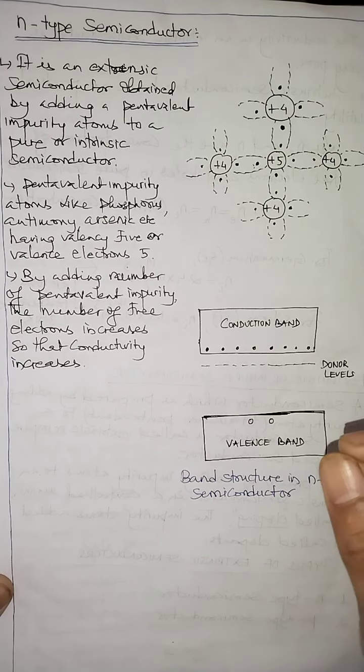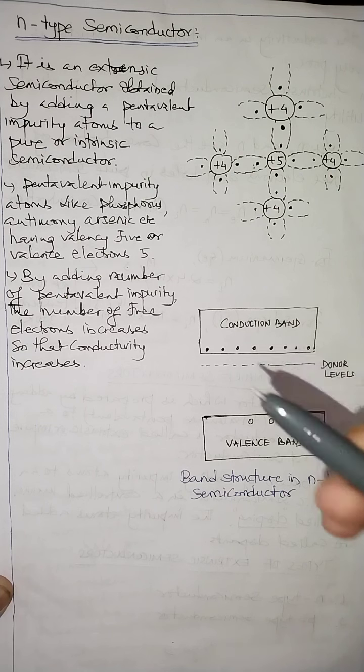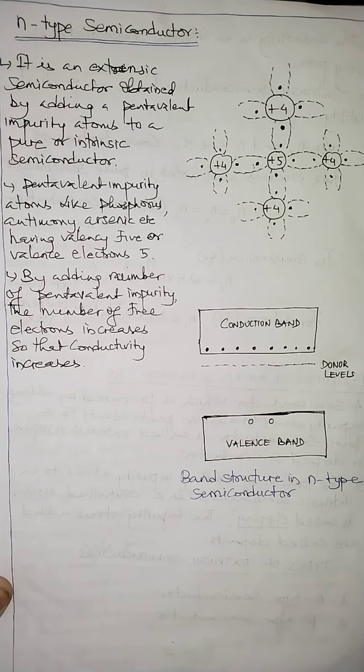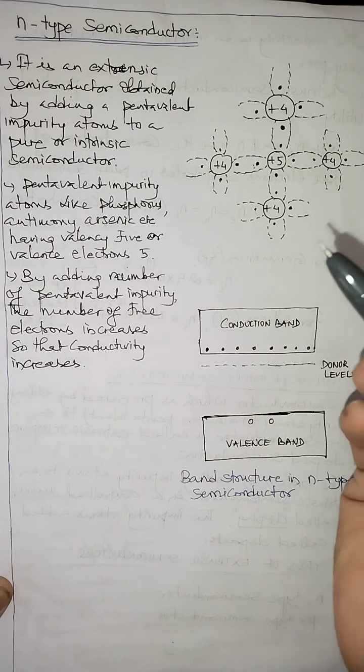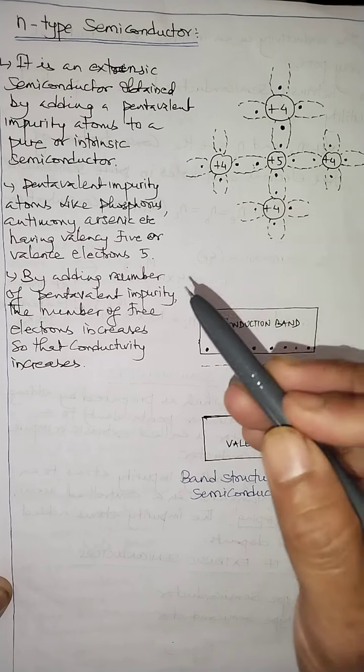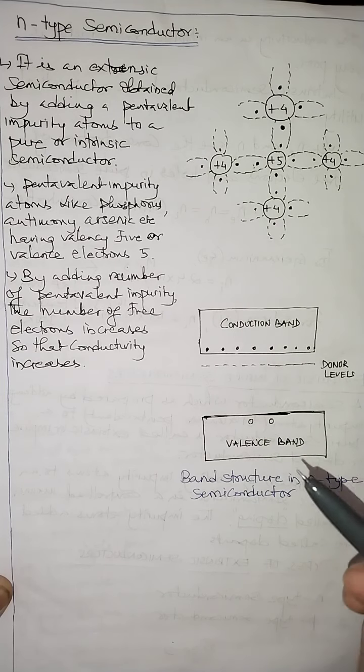When we make an extrinsic semiconductor, we can add either a trivalent or a pentavalent impurity atom to the pure semiconductor. Trivalent means valency 3 and pentavalent means valency 5. Depending upon this, the extrinsic semiconductor can be made as N-type semiconductor or P-type semiconductor.